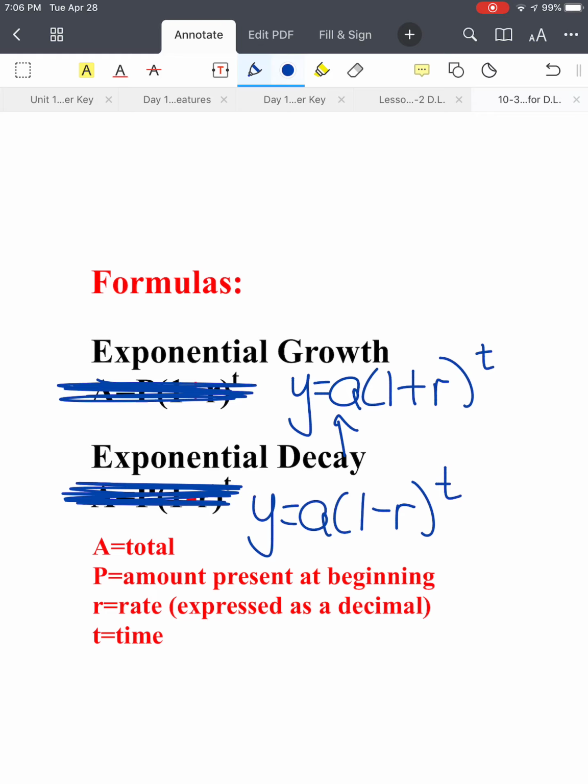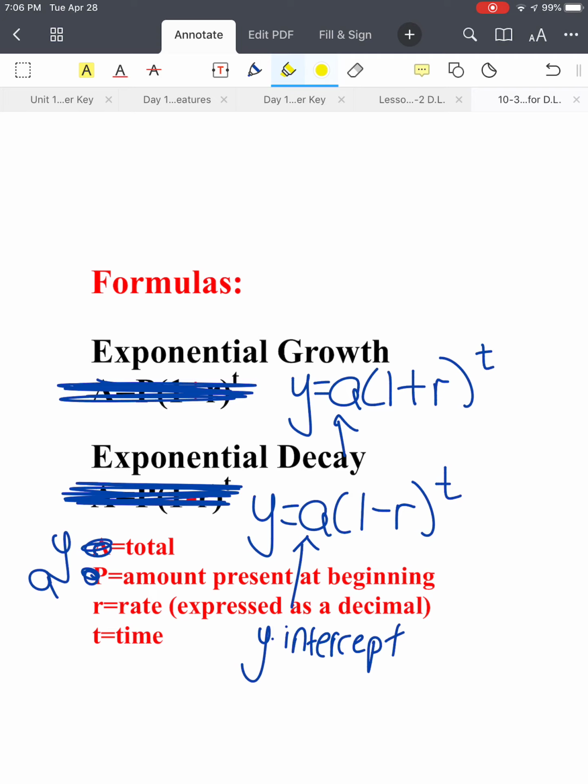A is still your y-intercept. So whatever you have, the number in front of the parenthesis is still going to be your y-intercept.